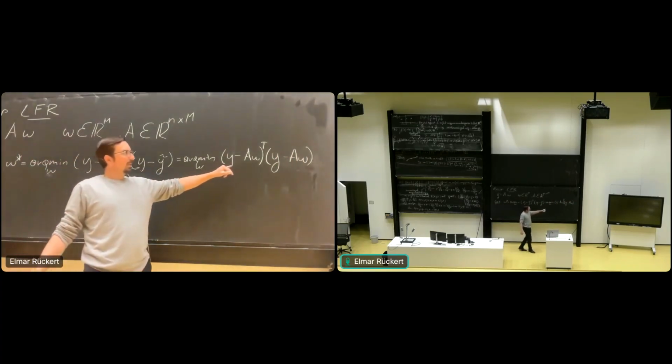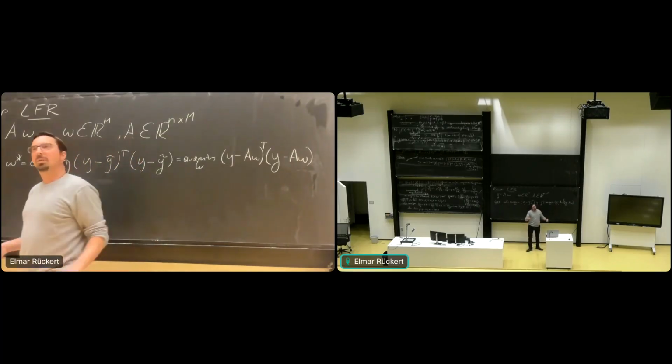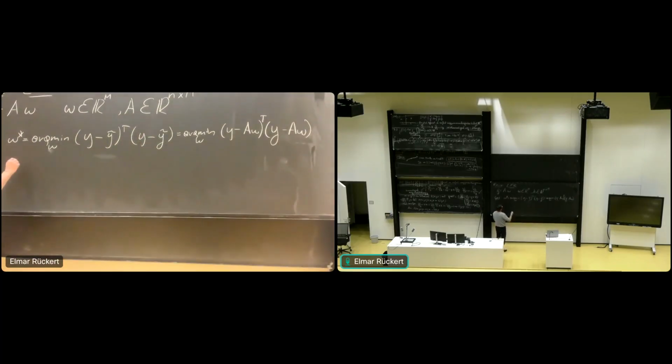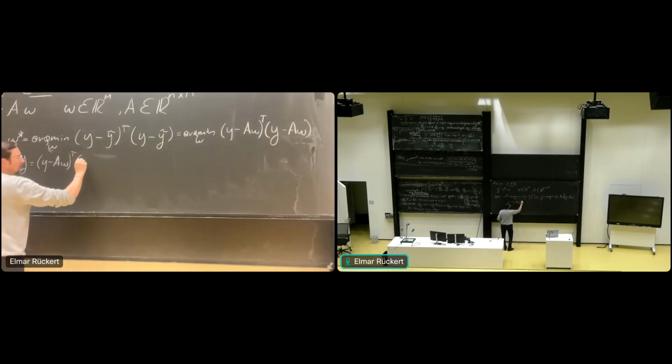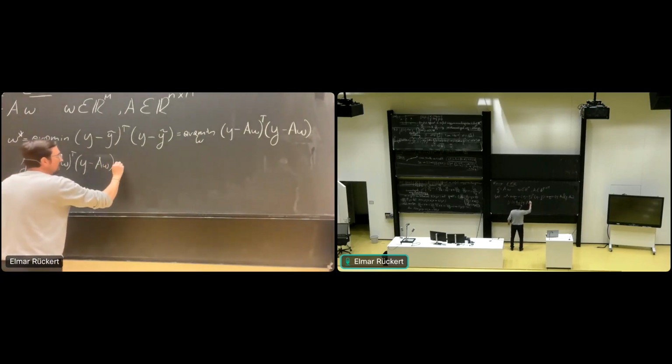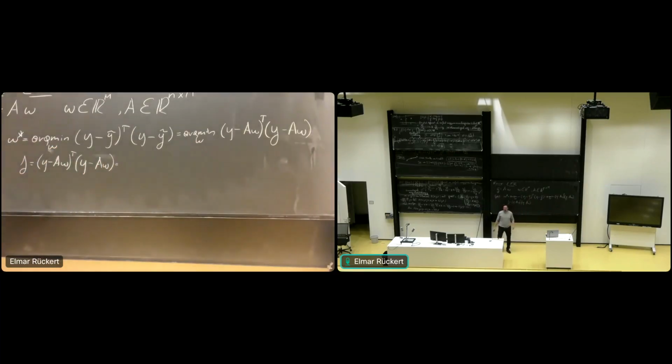So in the end, computing the optimal model values boiled down to minimizing this objective via gradient descent. So we said, okay, let's define the objective to be (y minus A W) transpose times (y minus A W). Then we applied the transpose operator, we did the multiplication.